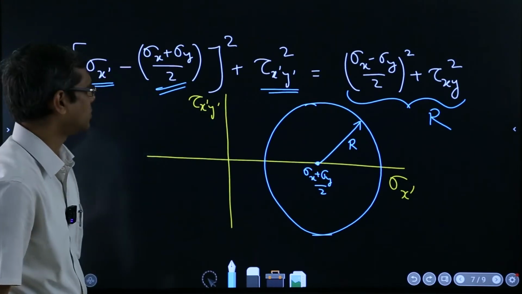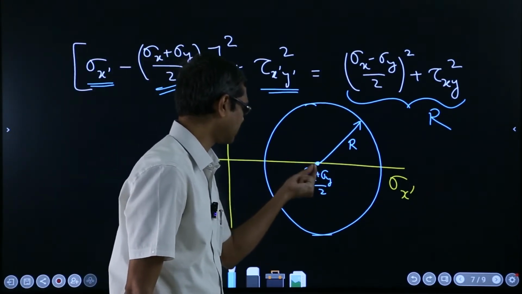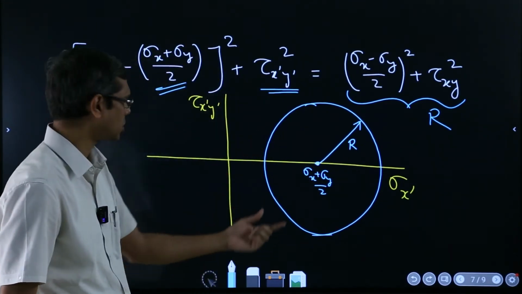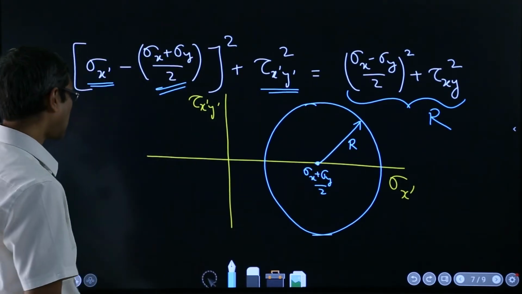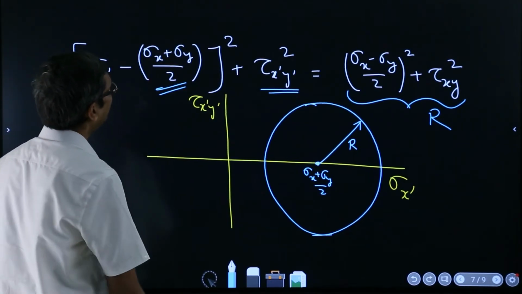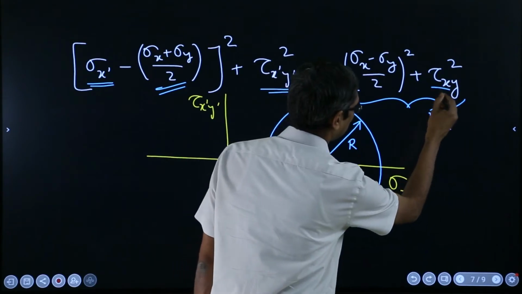So, you go to the point on the x axis proportional to the value sigma x plus sigma y by 2, that is the average normal stress that you have measured from the strain gauges, and then you have also measured the tau xy.